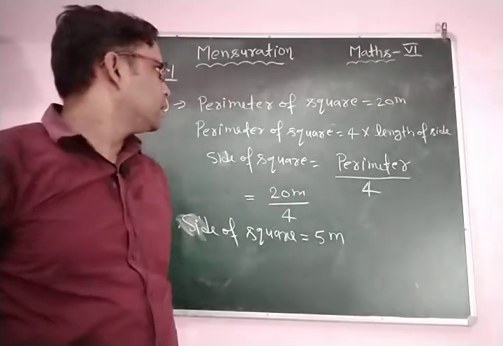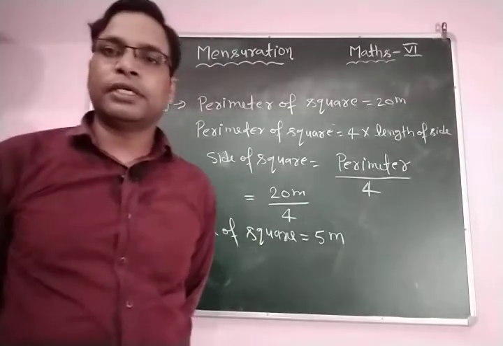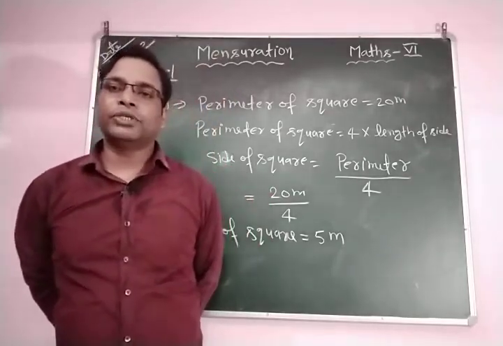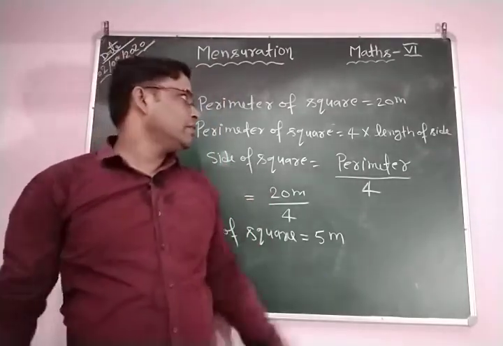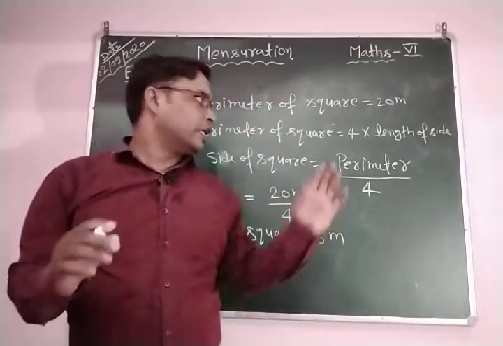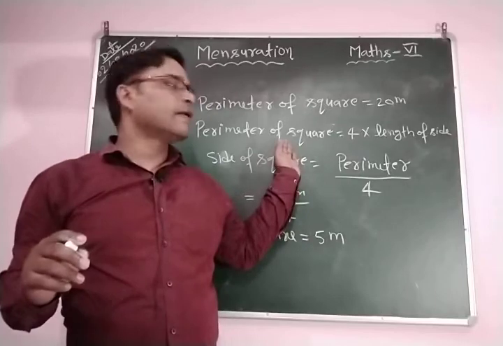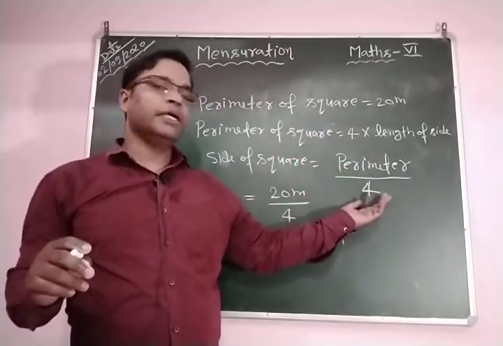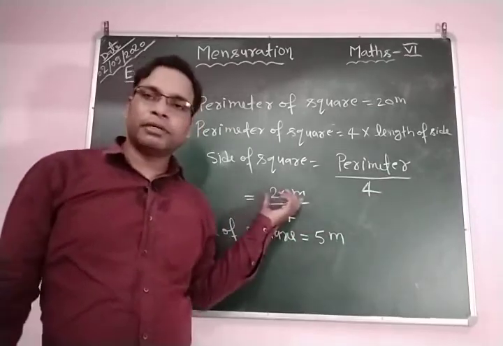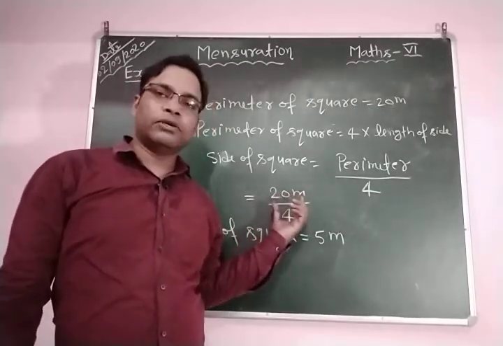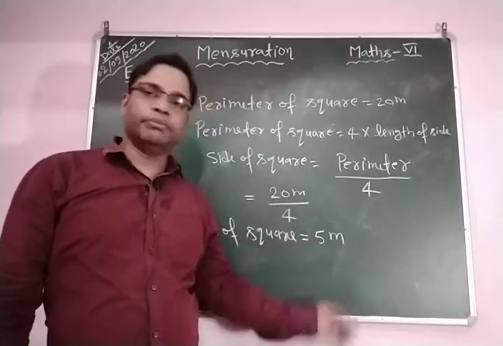In this question, the perimeter of the square is given 20 meters. We need to find the side of the square. For this, we know the perimeter of a square is 4 into length of side. So we transfer this 4 to the left hand side, and we have side of square is equal to perimeter by 4. When you divide 20 by 4, we obtain 5 meters.